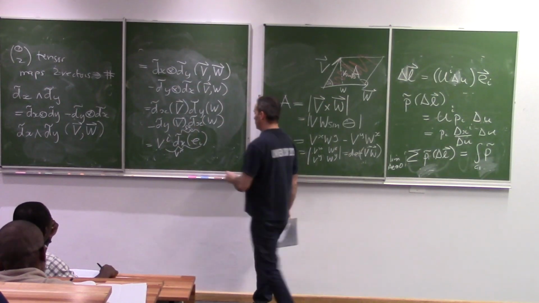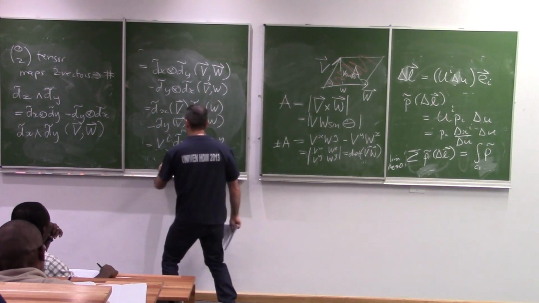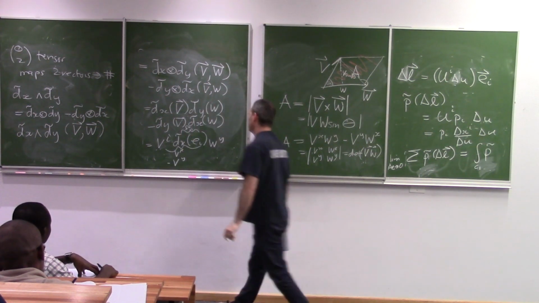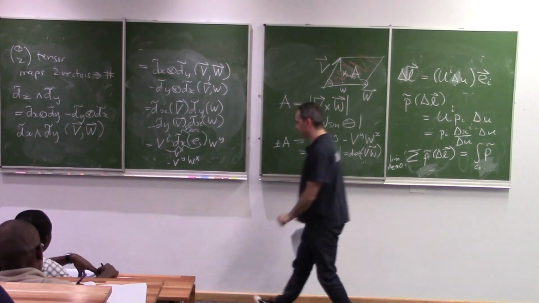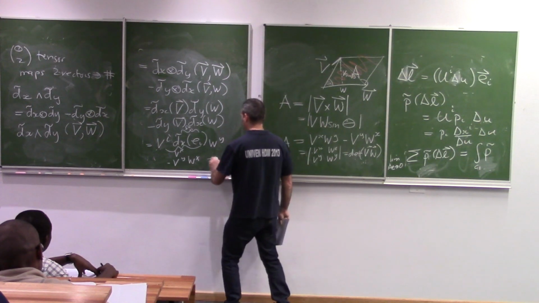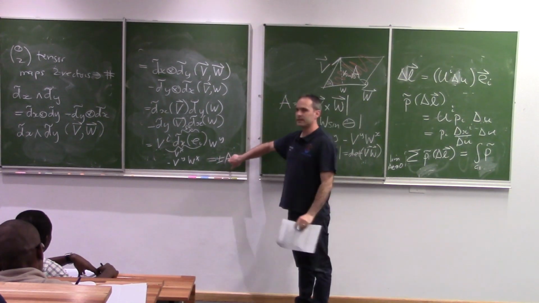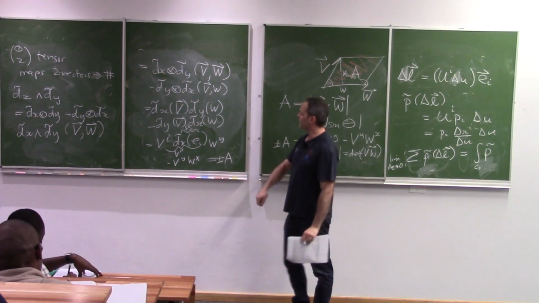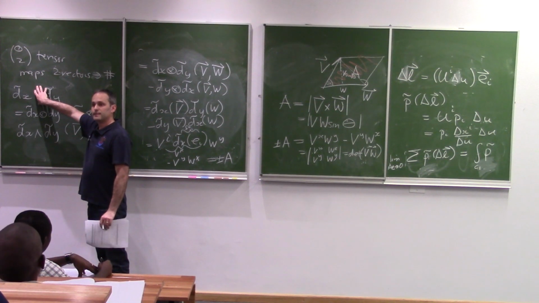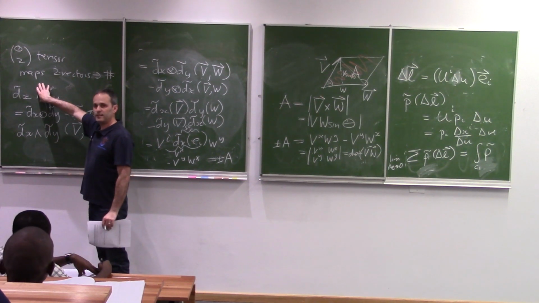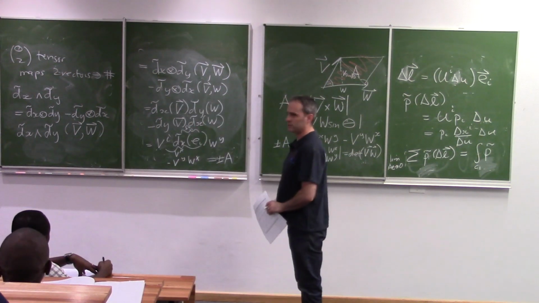Similarly, that gives me Wy, that gives me Vy, and this gives me Wx. And this is nothing but, depending on how my vectors work out, plus or minus the area. So if I feed two vectors to this two form, that's precisely the object I wanted. It gives me the area, up to a sign, defined by those two vectors.